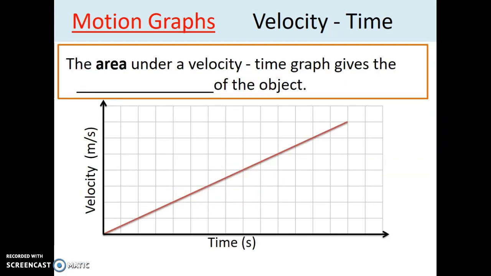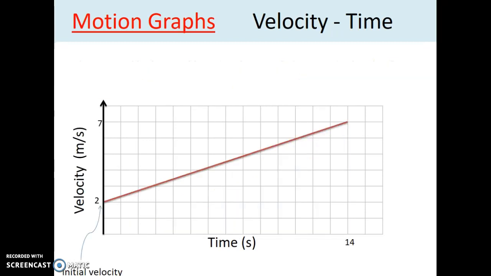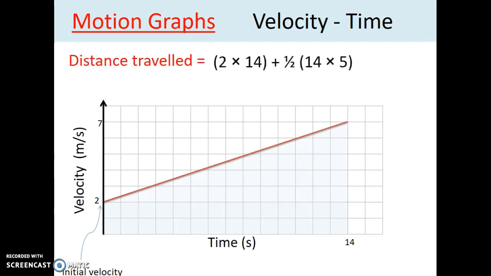What does the area under the velocity time graph give us? We've already said that, the total displacement of the object. Okay, so the distance traveled from this graph, we can work it out, will be the 2 times 14 plus we've got to work out this little triangle at the bottom here. 2 times 14 is this portion here, and then the triangle is half base times height, which is half 14 times 5 for that triangle portion there.